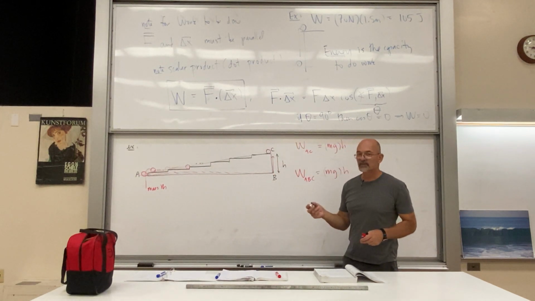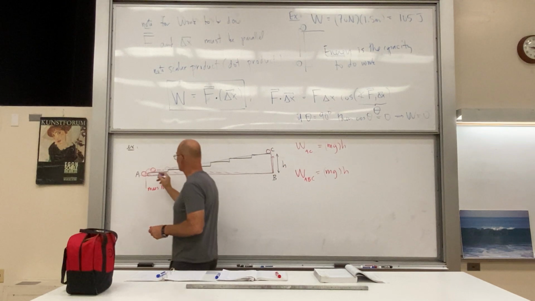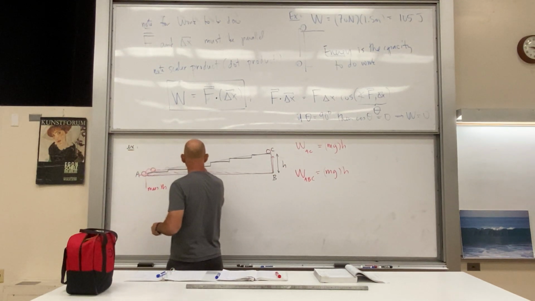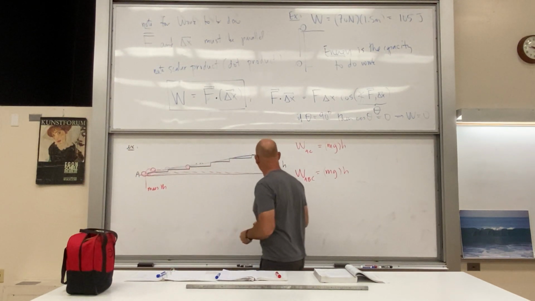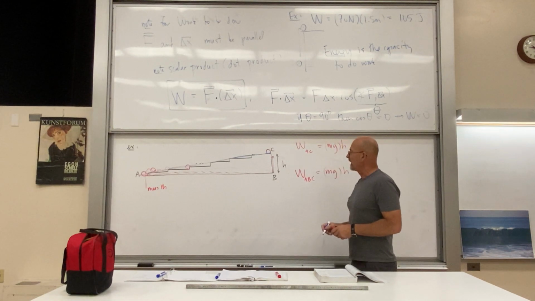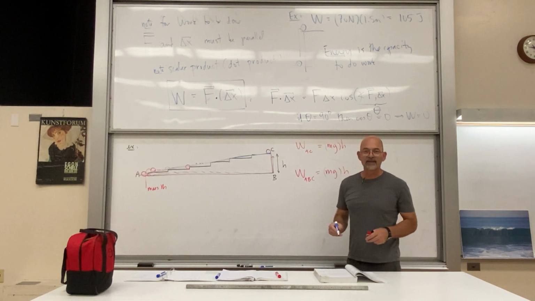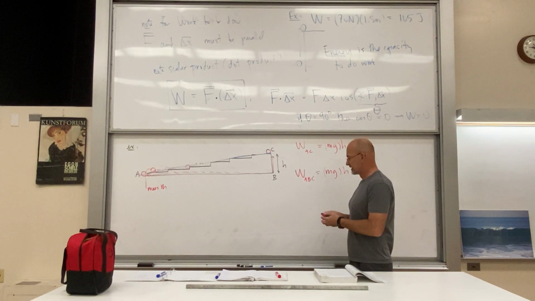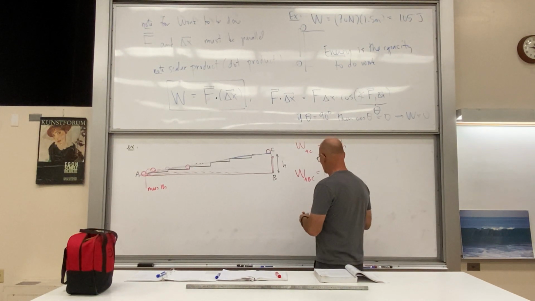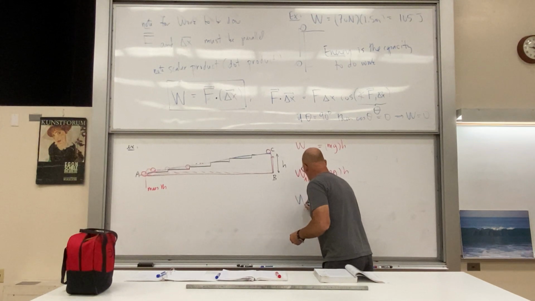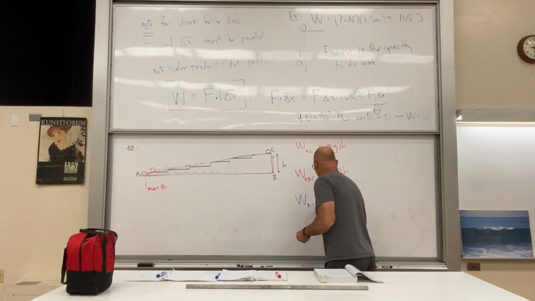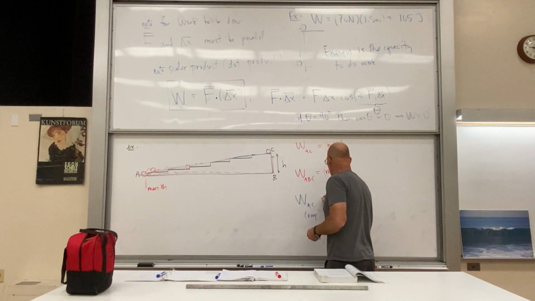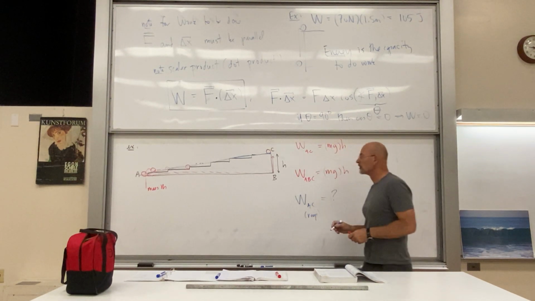So the blue line is a smooth ramp, not a stepped ramp. And would it be the same amount of work? That's the question. So let's call it blue work. W_AC, let's say for the smooth ramp, equals what?